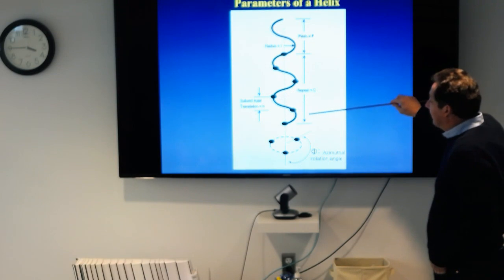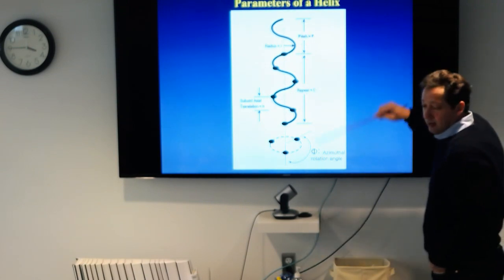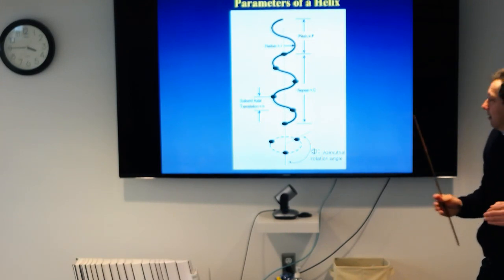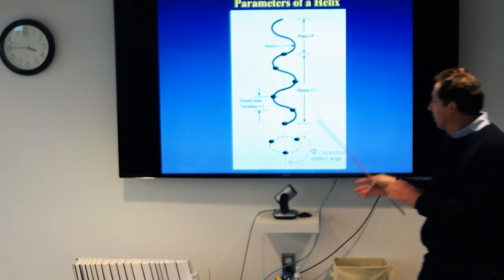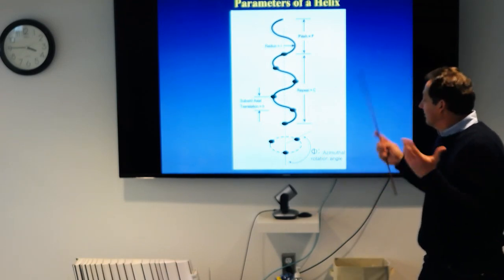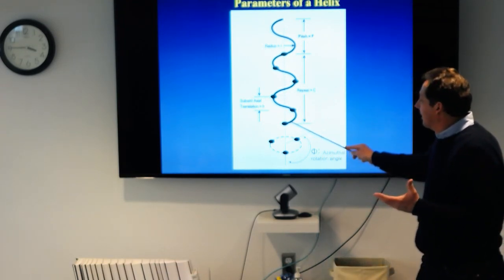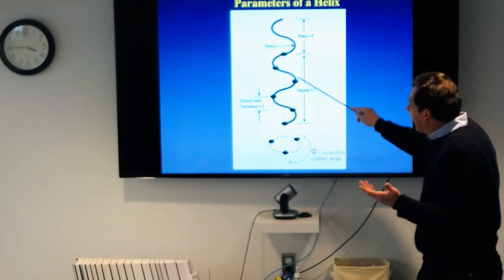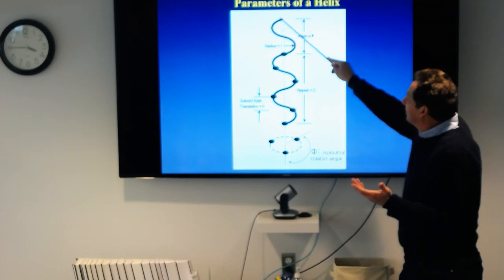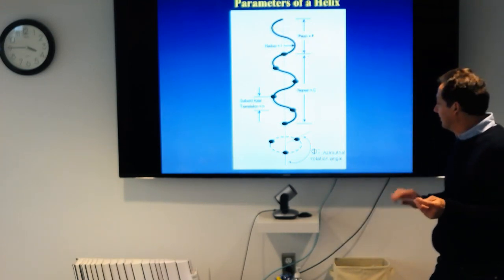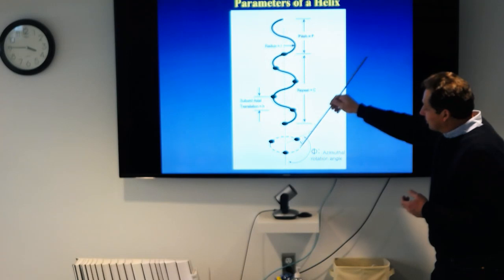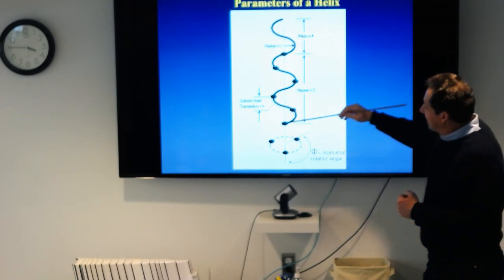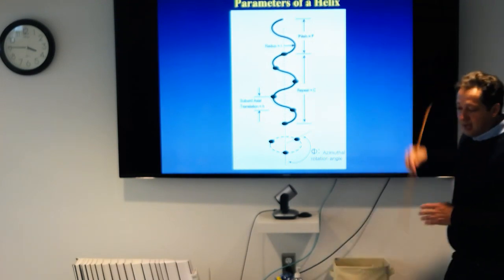As you can see, the repeat and the pitch don't need to be integer multiples of each other. The pitch is like an abstract concept, the line that is joining all these points along the helix. So you have the azimuthal angle, the subunit axial expansion, and you can define the repeat and the pitch.